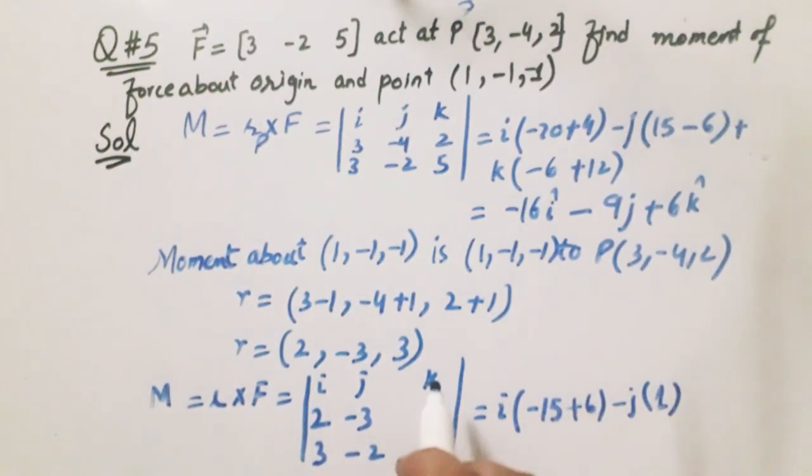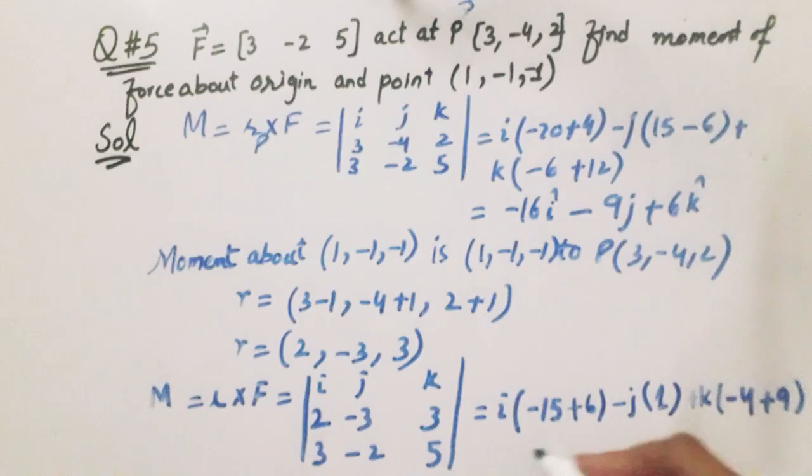Then k will be 2 into minus 2 is minus 4, and then 3 into 3 is 9, minus minus will become plus. So your final result will be equal to minus 9i minus j, 9 minus 4 is plus 5k. So this is the moment about the given point 1, minus 1 and minus 1.